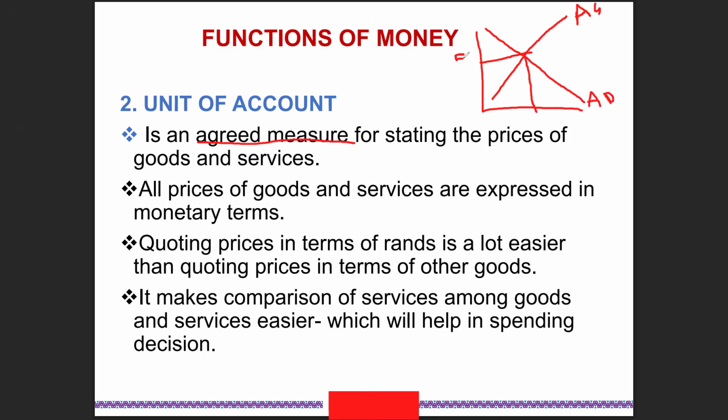So if you go to maybe Fix and you see a jacket there and the price tag is written 500 rand, right? That price there, you have agreed on that price, right? But it doesn't mean that you literally went there and agreed to say, okay, this jacket should be 500 rand, but it has been agreed on by the market forces of demand and supply.